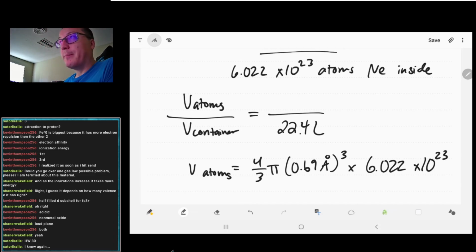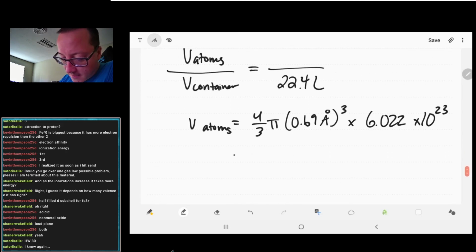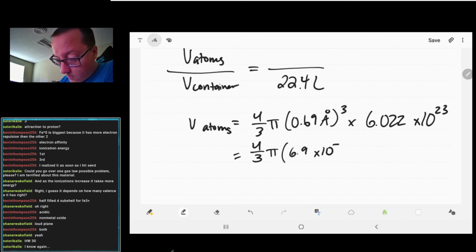We have 1 mole. And so this just comes down to getting this to work out mathematically. Let's see, an angstrom is 10 to the negative 10 meters, so this will be 10 to the negative 11 meters, times Avogadro's number.